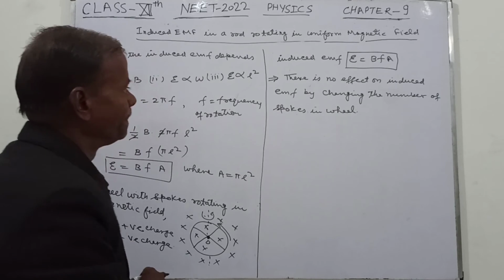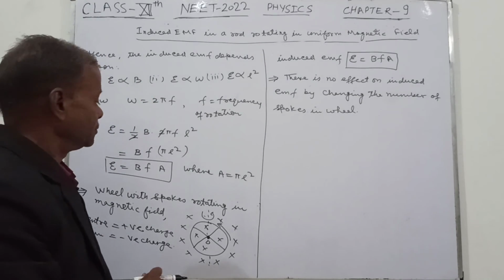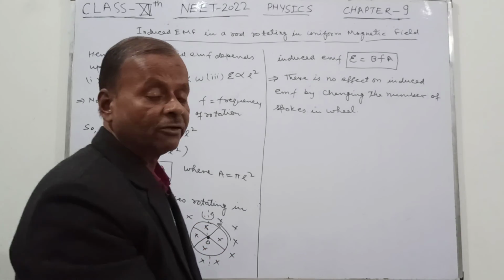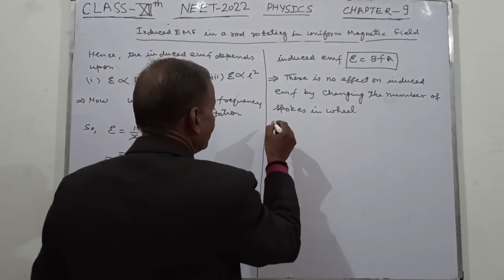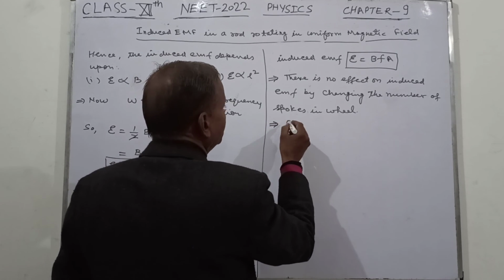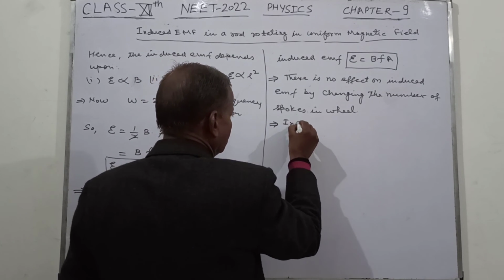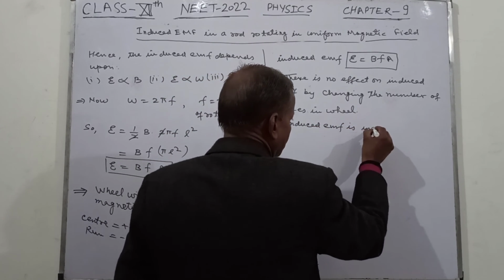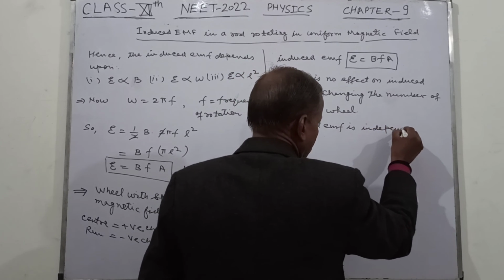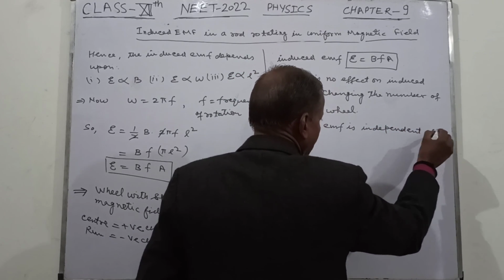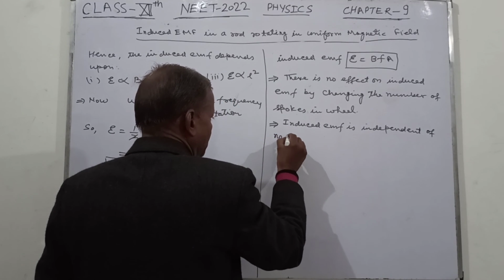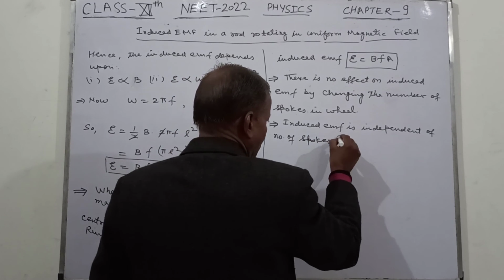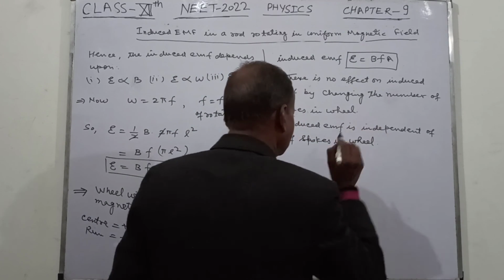It means that whether we take 4 spokes or 10 spokes, the induced EMF is independent of the number of spokes in the wheel.